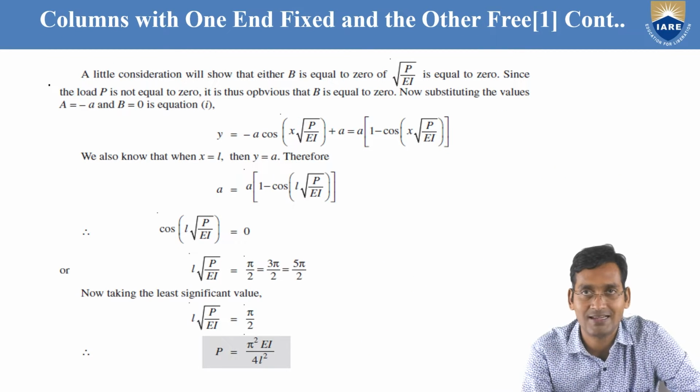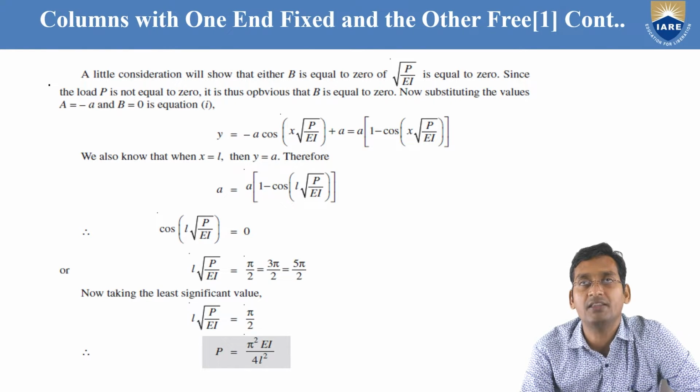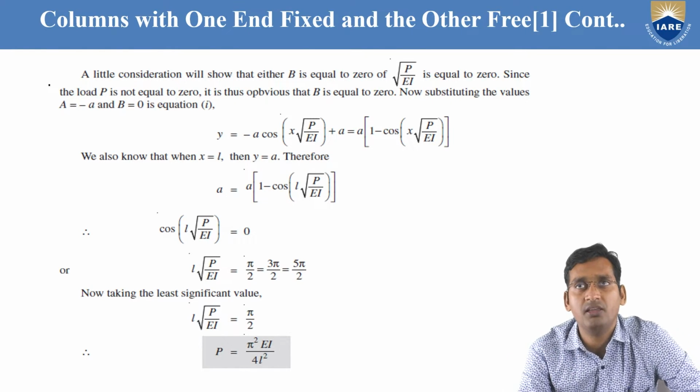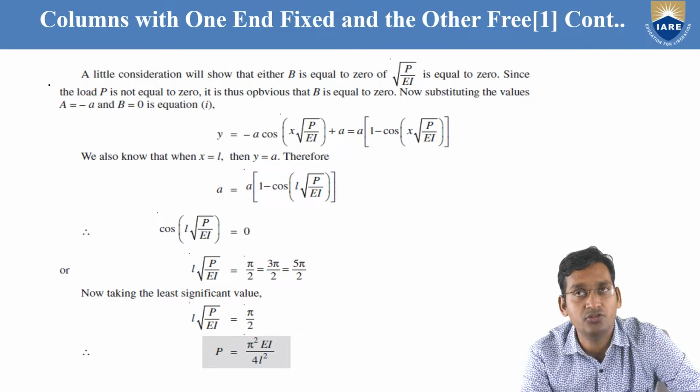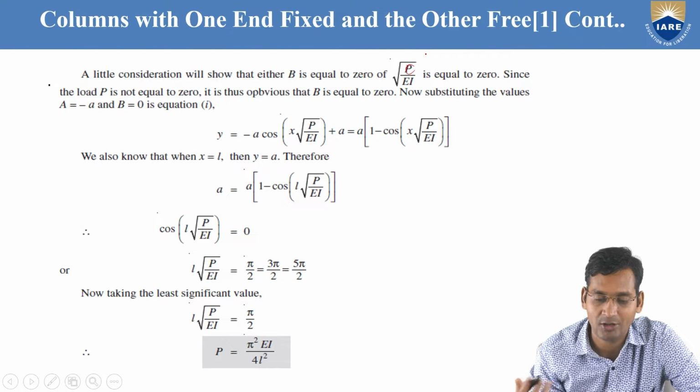Now, a little consideration will show that either b is equal to 0 or root p by EI is equal to 0. Since the load p is not equal to 0, it is obvious that b equals 0, because only if p is 0 would this term be 0. If p is 0 then we are not applying the force.